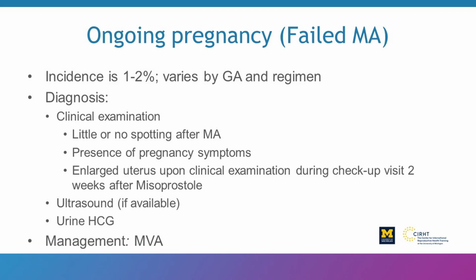So there are two options in the management of failed medical abortion. One can continue with medical abortion, or one can go with a surgical abortion, that is, manual vacuum aspiration.